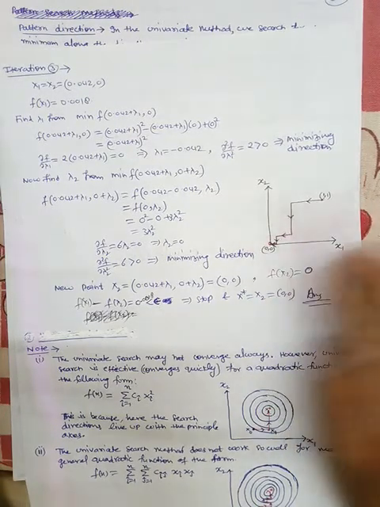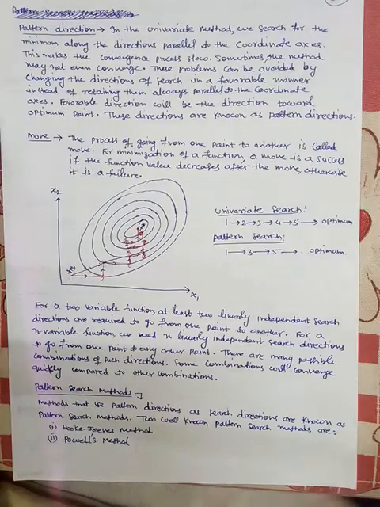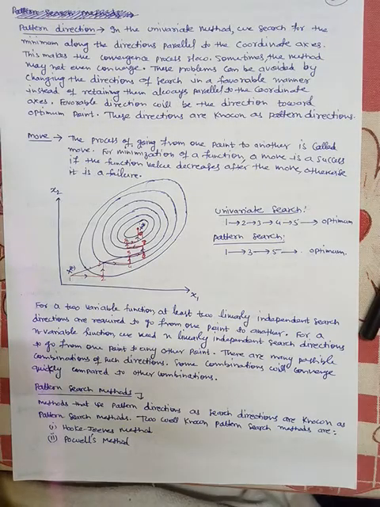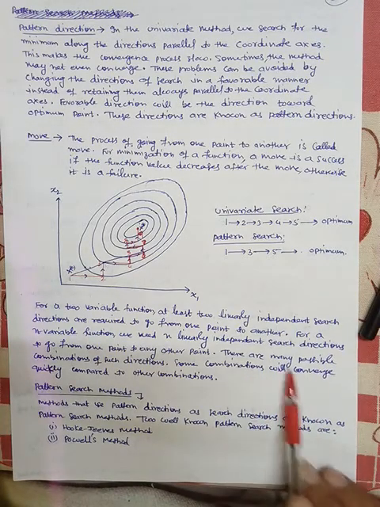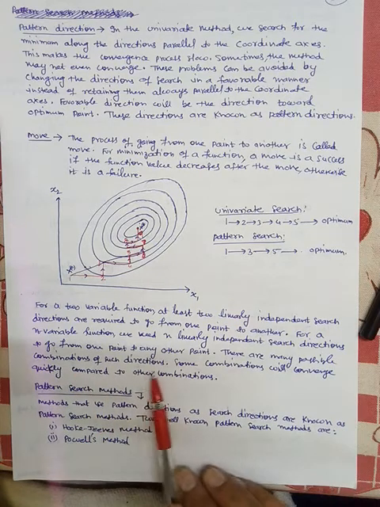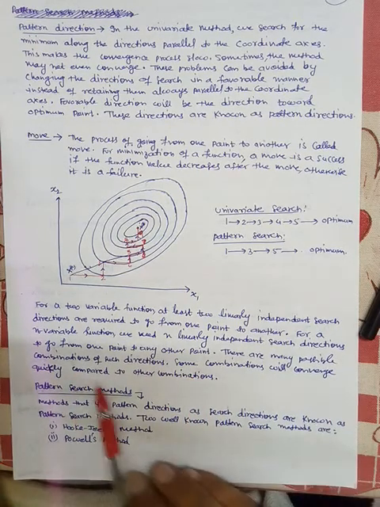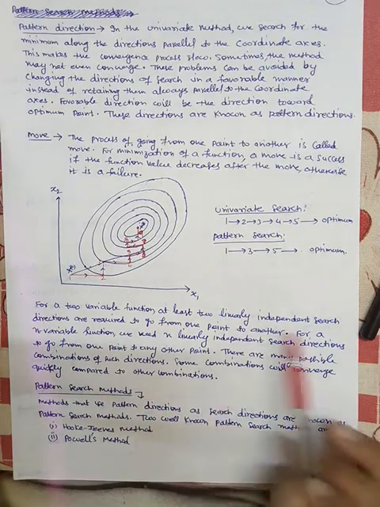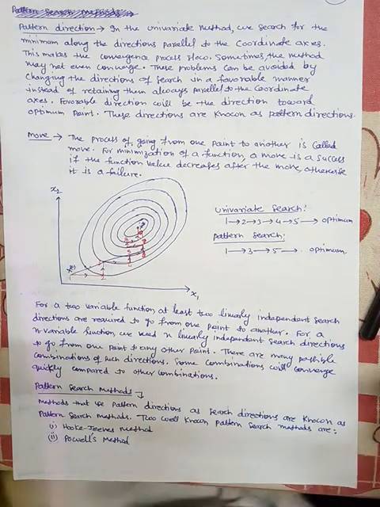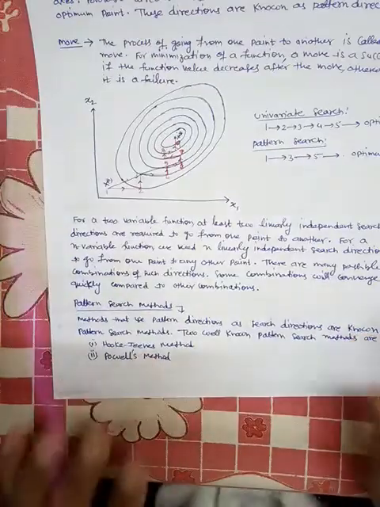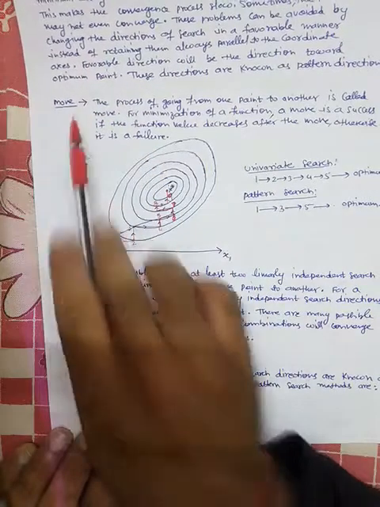So there are lots of combinations. There are many possible combinations of such directions. Some combinations will converge quickly compared to the other combinations. यानी कुछ combination converge करेंगे faster, कुछ करेंगे slower. Okay. So these are the two definitions: pattern search and move.